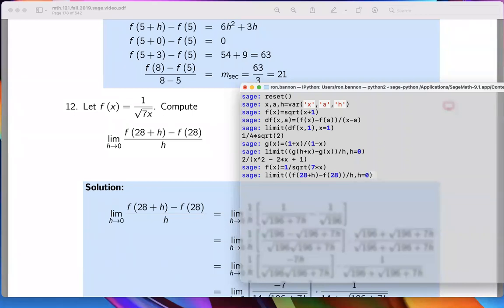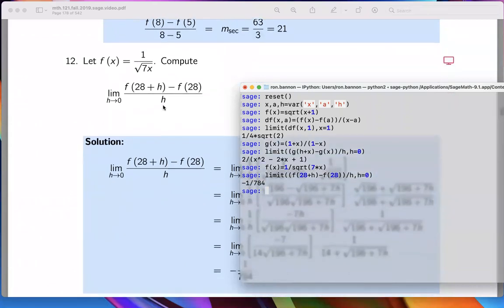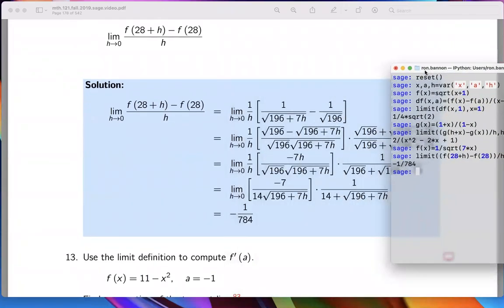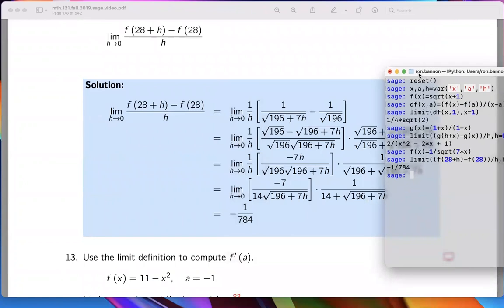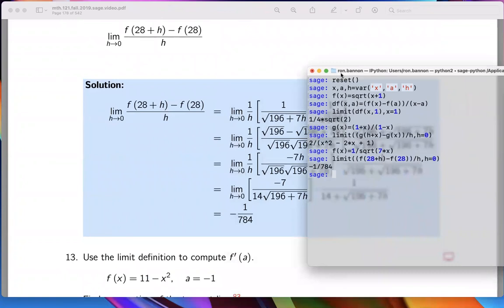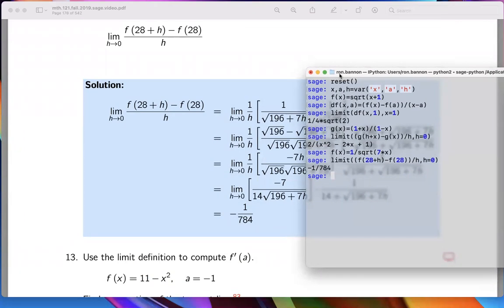We're just learning how to use software now. Let's see what happens. And again, you might make mistakes. It gives me that number over there. Well, let's scroll through this. You're expected to work through that work. You're expected to get this. And what do you get in the end? Minus 1 over 784. We're getting the same answer.